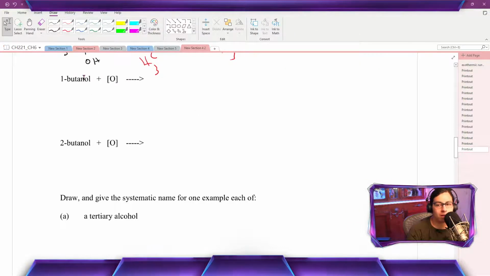So what happens to butanol under oxidizing conditions? Let's just write butanol. 1, 2, 3, 4. And our OH. And so if you remember, these get oxidized.